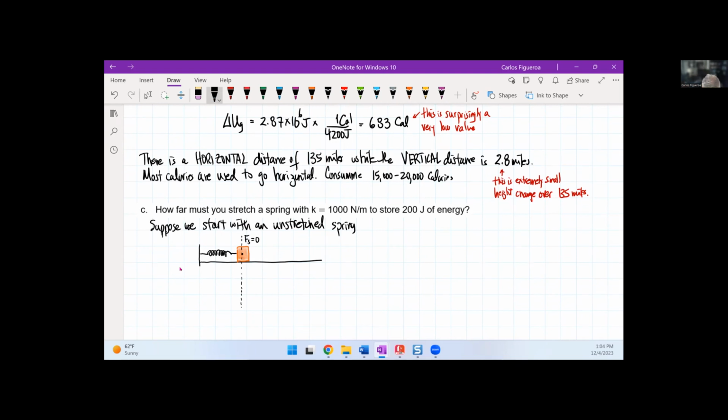And because of this, I'm going to call this x equal to 0, which is our equilibrium point. So now what I'm going to do is stretch the spring out. So if I stretch this spring out, let's say that I stretch it to some point over here.